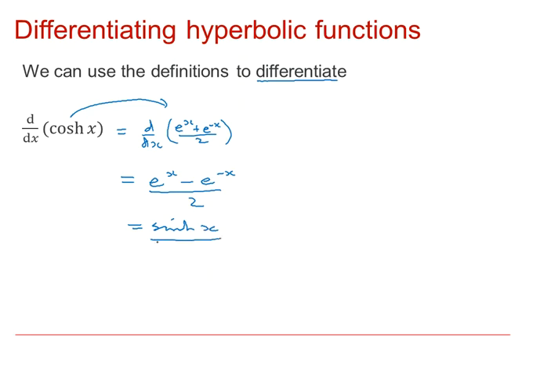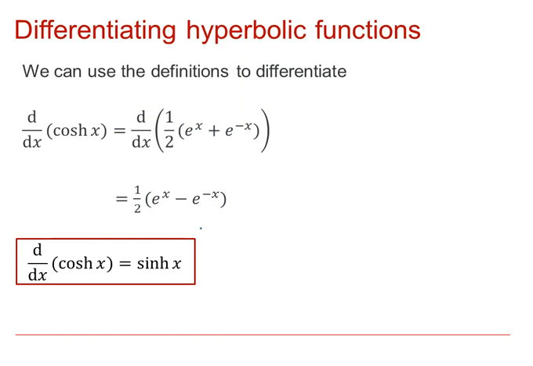So the derivative of cosh x is sinh x, which, notice, isn't behaving quite the same as trigonometric differentiation. So using that definition of cosh has allowed us to differentiate cosh to get to sinh x.